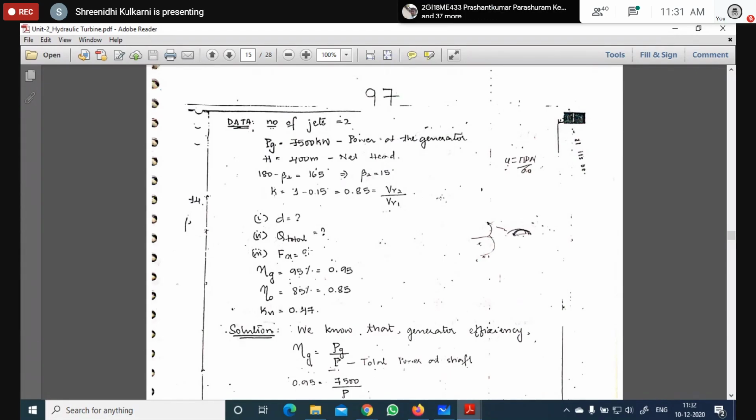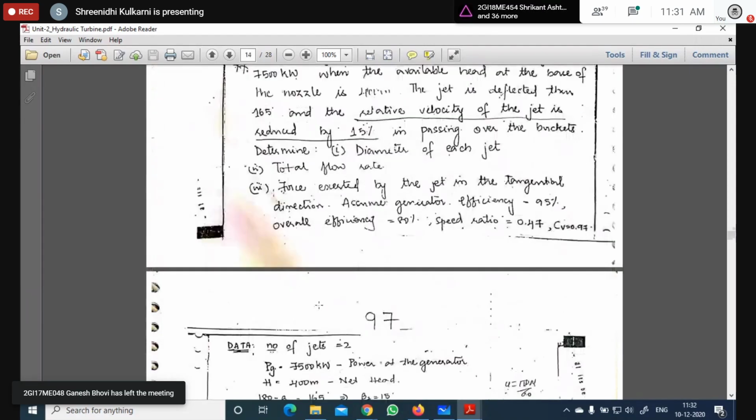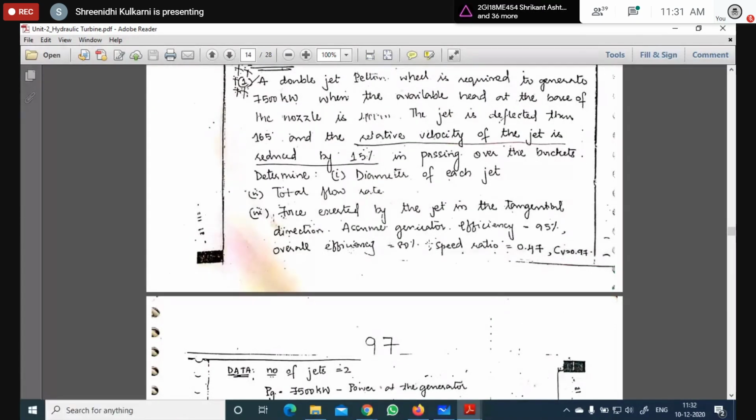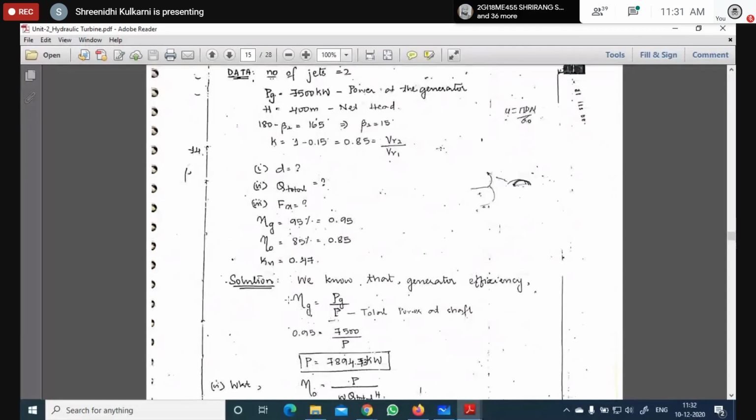Noting down, sir. See, the overall efficiency is 80%, not 85%, because the statement says 80%. So make this correction.